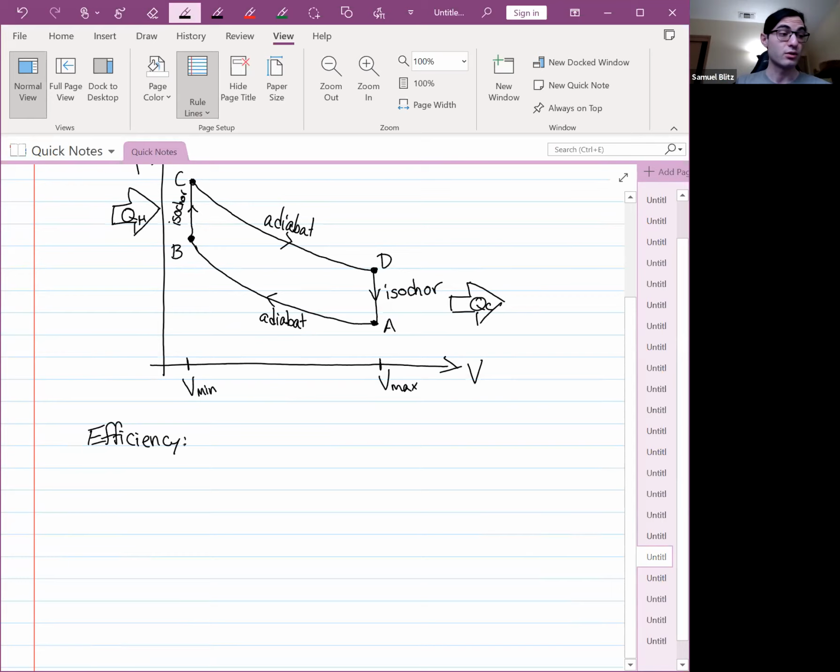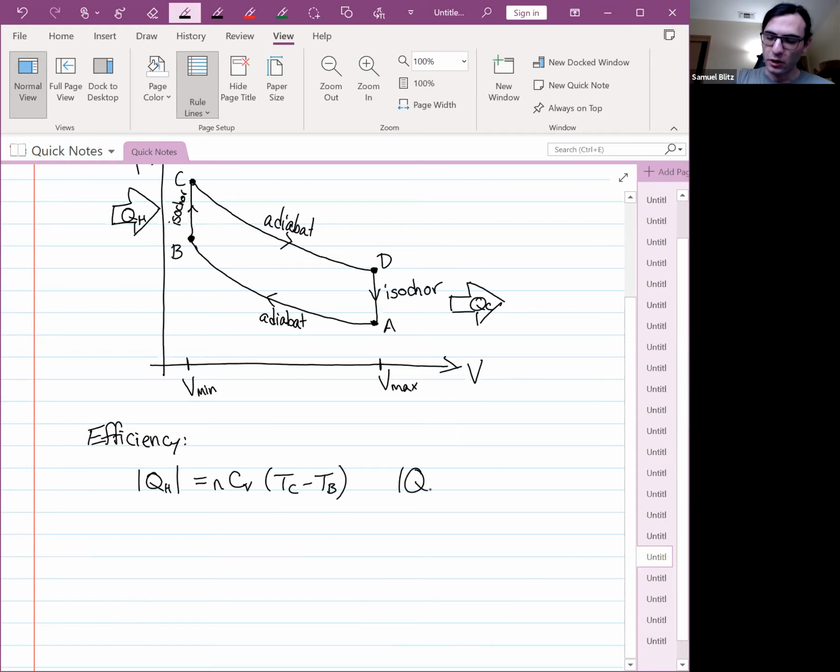So we need to compute QH and QC. QH is an isochoric process, which means that the volume doesn't change. So we can use the constant volume molar specific heat to find that the heat that flows into the system is just the number of moles times the molar specific heat times the temperature difference, Tc minus Tb.